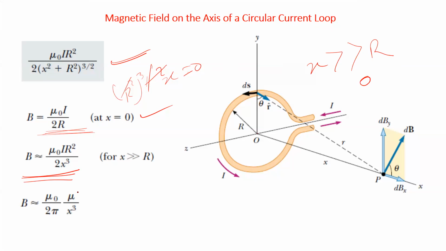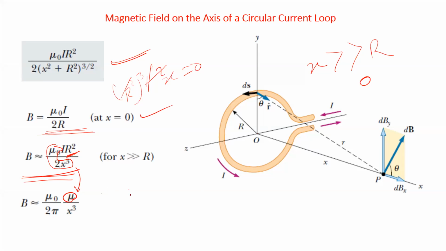Then we take mu 0 by 2 x cube outside, so what remains is I r square by pi.